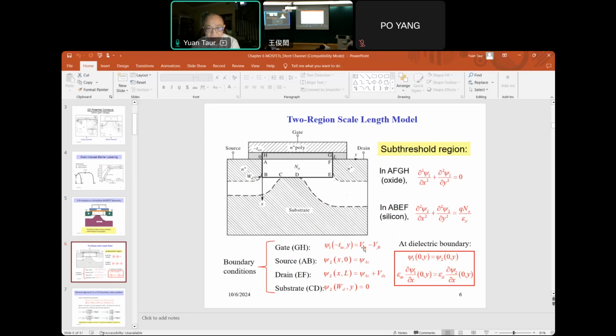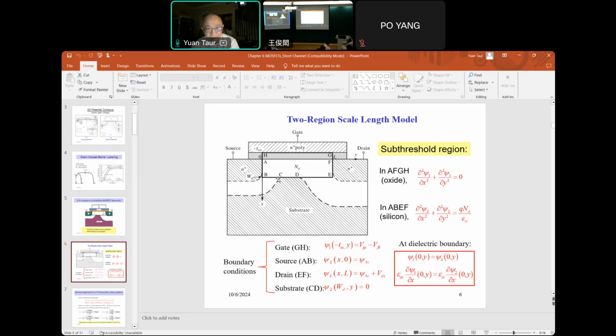In this case psi 2, because in silicon the potential is assumed to be psi 2, at X equals 0, that's AB. And on the drain is EF. So at Y equal to L, it is psi BI plus VDS. So it's the built-in potential and also the reverse bias at VDS.